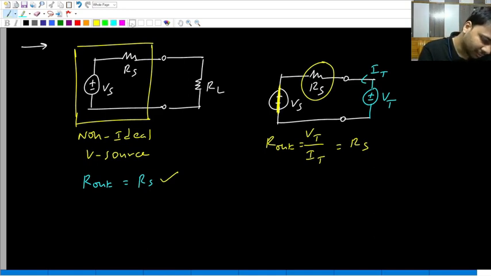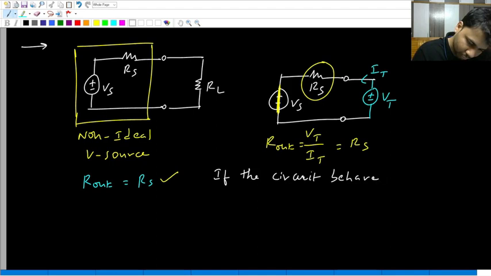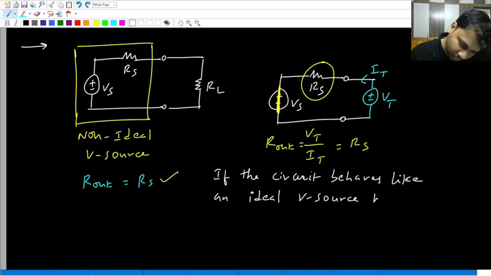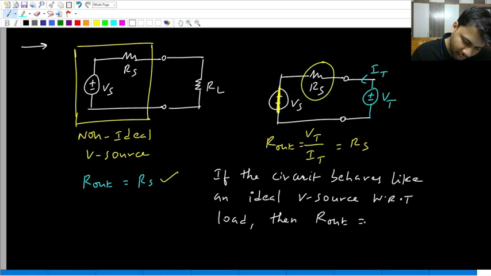If the circuit behaves like an ideal voltage source with respect to load, then directly we can say Rout is how much?